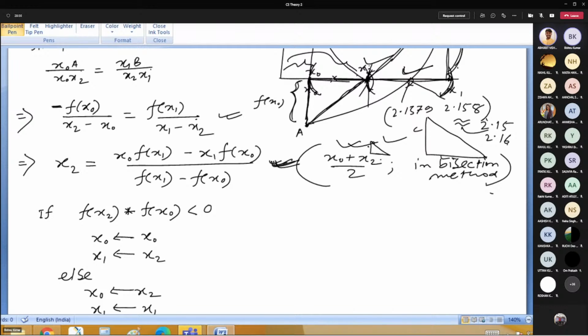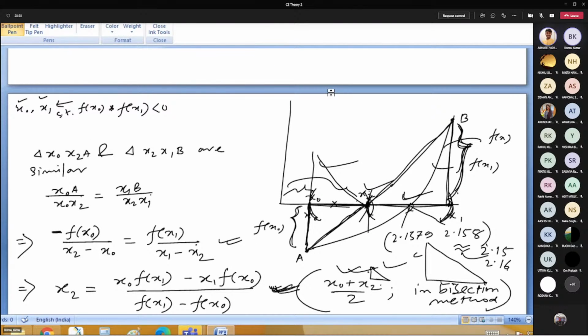Actually, our original work started from x0 and x1, so I need x0 and x1 again and again. But in every iteration, the length of the interval is reducing. Next time it reduces this much, next time this much, and so on.